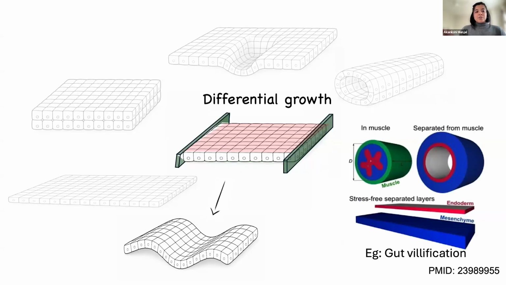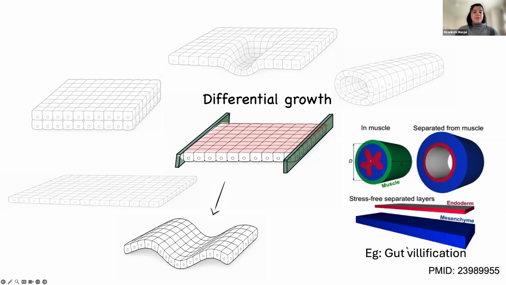You can also have differential growth. It is conceptually similar to stiffness, but here, developmentally, instead of patterning the material property of the tissue, you're patterning the growth rate. So if you mismatch the growth rate of two tissues, you can have buckling, again with the same principle, where this tissue experiences compressive stresses because it's growing in this constrained environment.